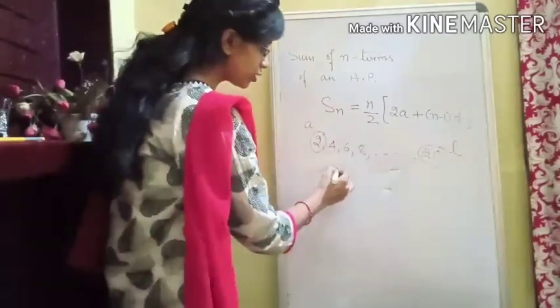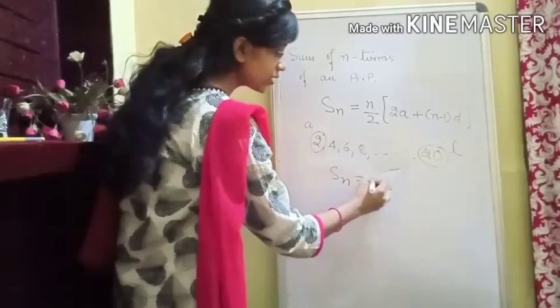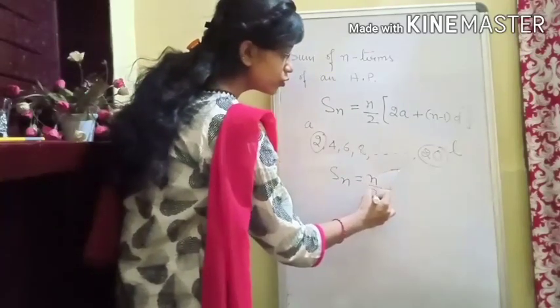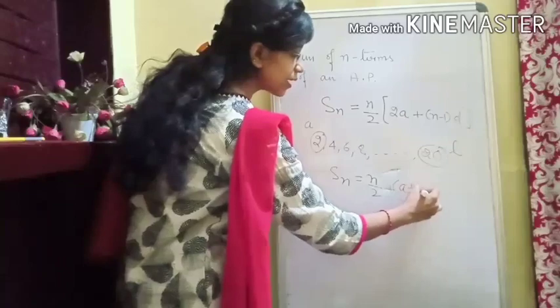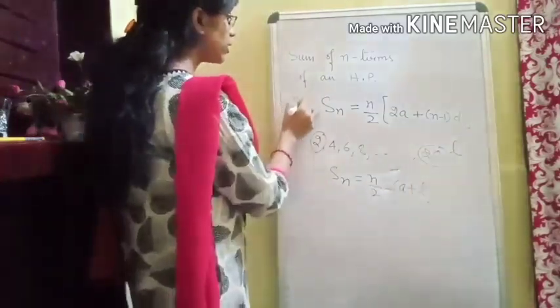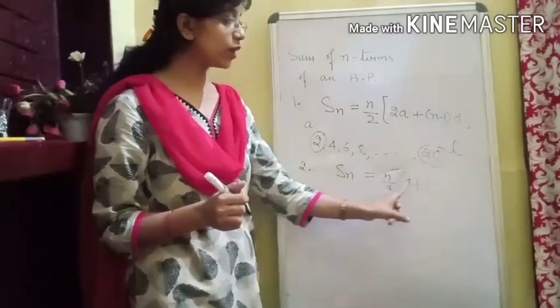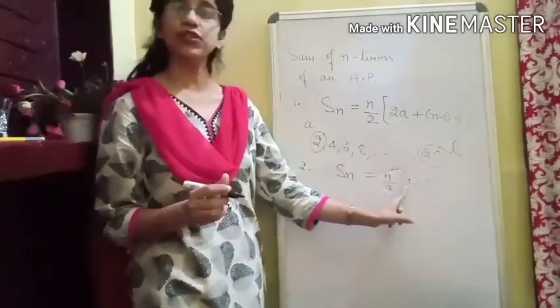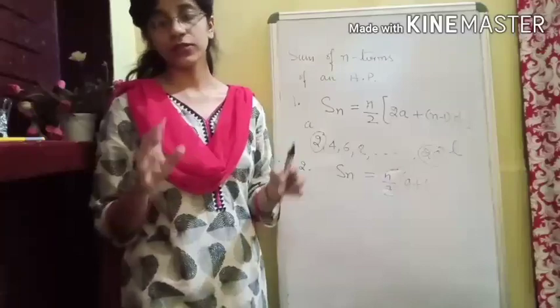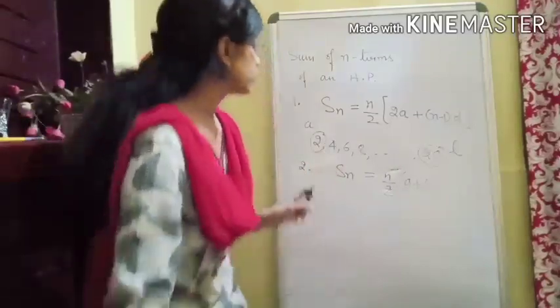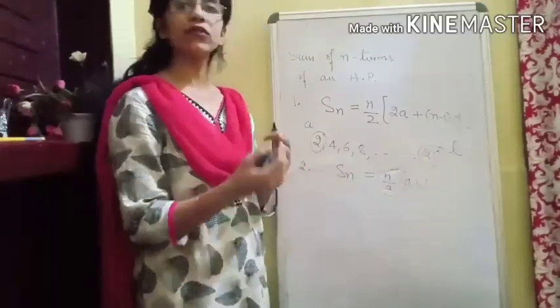So the formula you can use is Sn equals n by 2 into a plus l, where a is your first term and l is your last term. These are the two formulas we are going to use to calculate the sum.